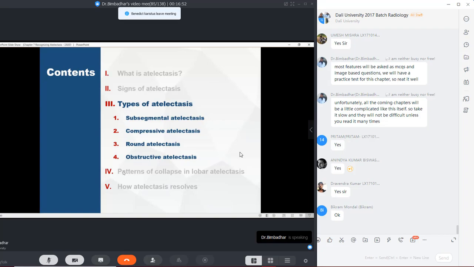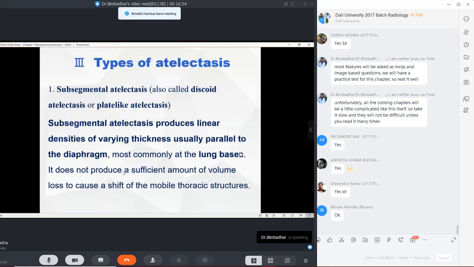Let's start with the subsegmental atelectasis. Subsegmental atelectasis is also known as discoid atelectasis or plate-like atelectasis.